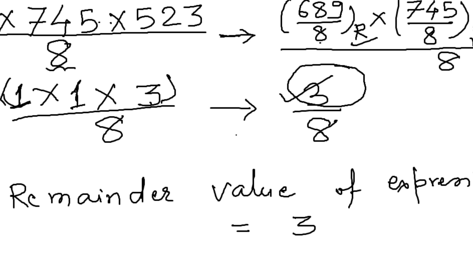In this case, you don't strike out 8 by dividing by 2. Obviously, you don't have 2 on the numerator. None of these terms on the numerator are even terms. So obviously here we can't do that. But suppose instead of 689 you had 690.